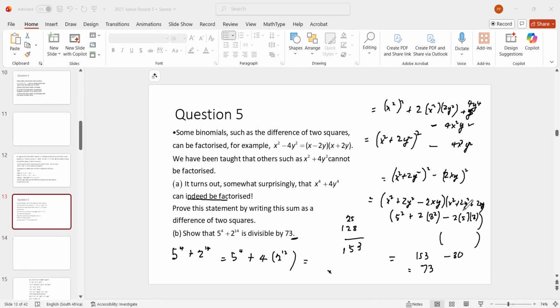So I think you get 153 plus 80, which is 253. All right. But we wanted to show that this is divisible by 73, and we have just done that because this is equal to 73 times something. We can just neaten it up at the end.